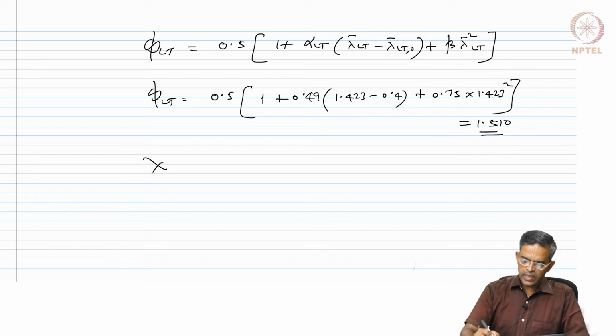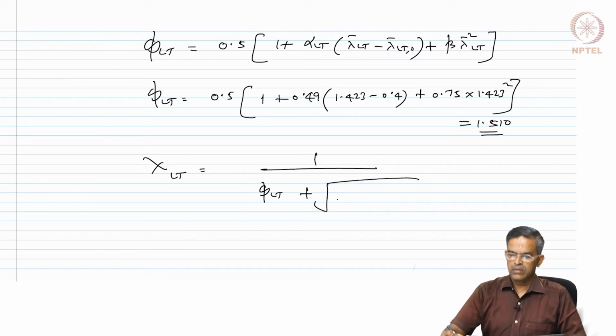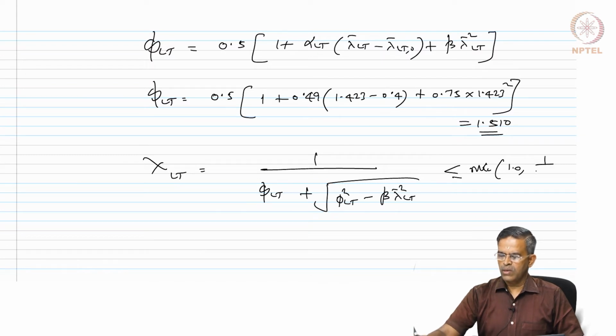So, now I can say psi LT is given by 1 by phi LT plus square root of phi square LT minus beta lambda square LT, and which should be the minimum of 1.0 and 1 by lambda square LT.